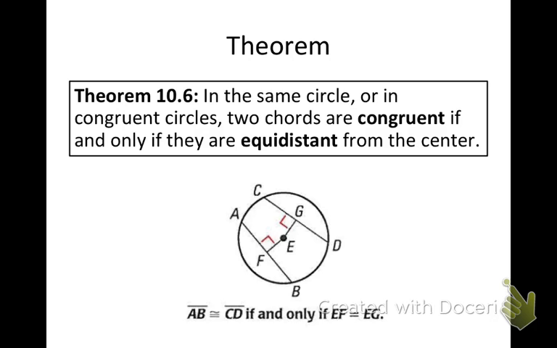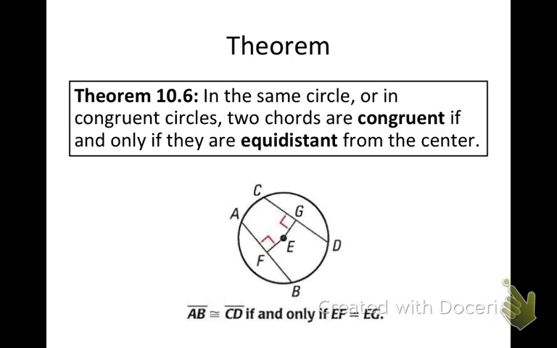So in our circle, I've got two chords. I've got chord AB and I've got chord CD. In order for AB to be congruent to CD, the distance, and think about how we do distance, the shortest distance is the perpendicular line from the center point.